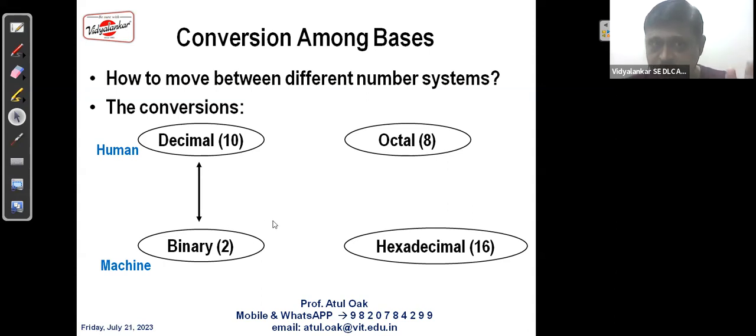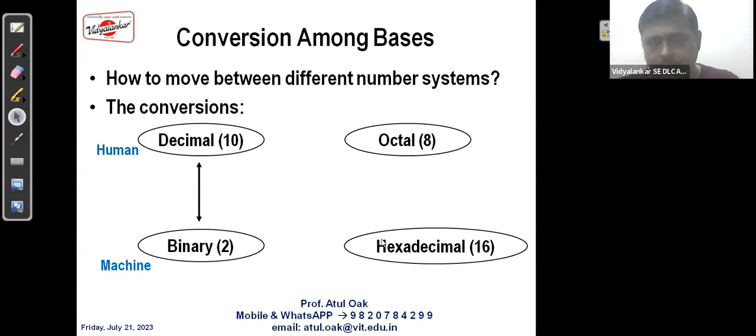So conversions are all numericals. Okay, there is an algorithm and there is a numerical. That is how it goes. You will see now. And they are all handy once you understand. You have to just solve it in your examination.